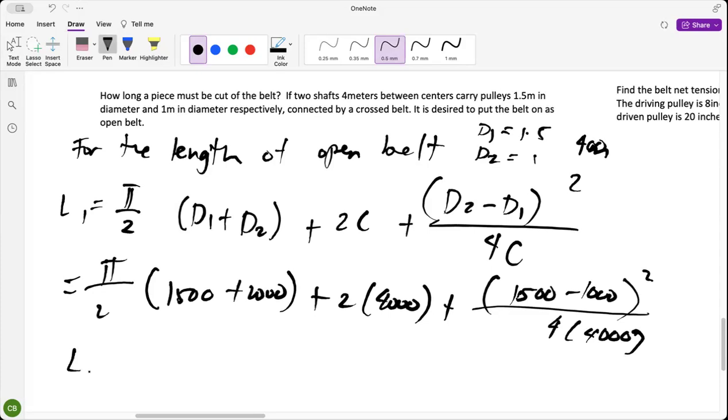So length 1 for the open belt. Okay, so we calculate that.